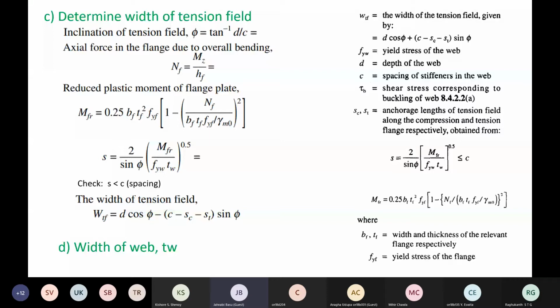Have you already calculated it, anyone? You will get S in units of mm.